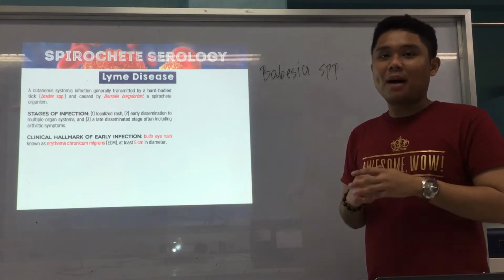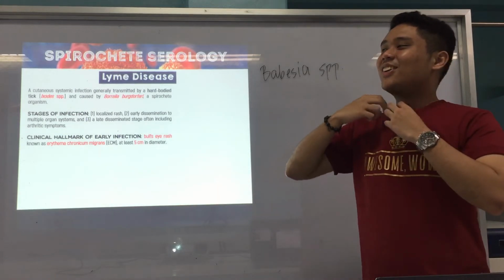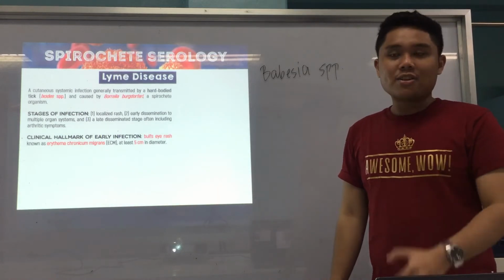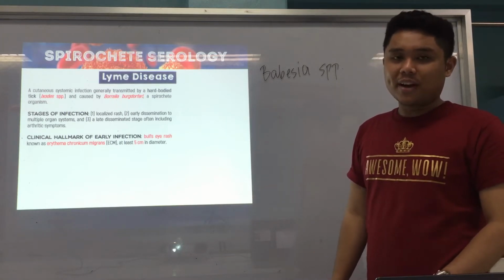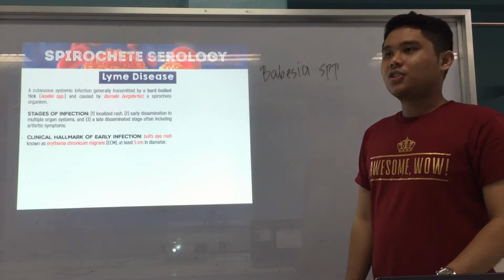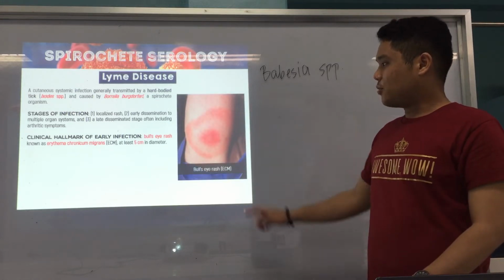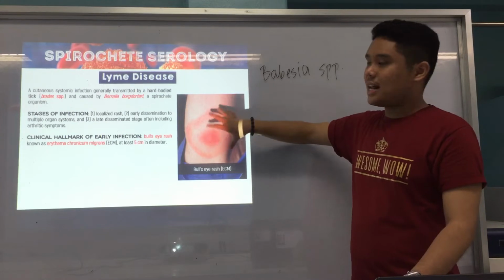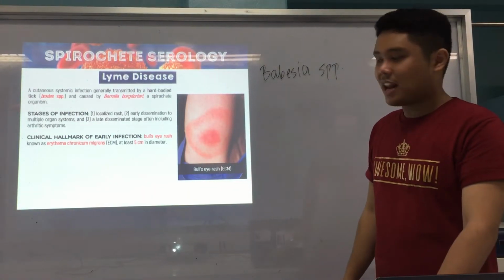Recall this from your spirochetes lecture. Bullseye rash, your erythema chronicum migrans. And this is the picture: a bullseye with an inner red and an outer red. Bullseye rash, the hallmark of early infection of Lyme disease.